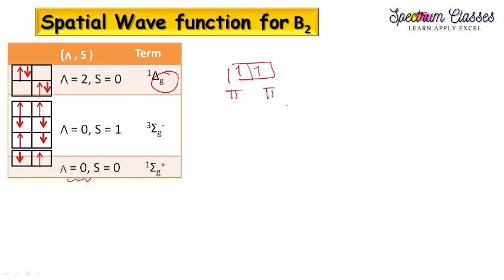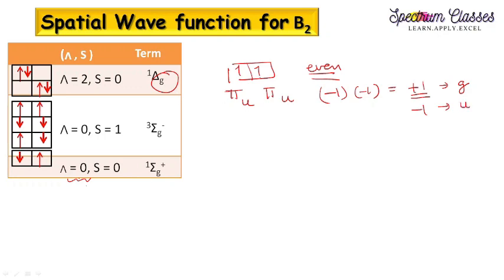For these bonding pi orbitals, we have ungerade, right? So we have an even number of electrons. If an even number of electrons are there, then each is assigned -1 for its parity, and ultimately we get +1. If we get +1, it represents g. If we get -1, it represents u.